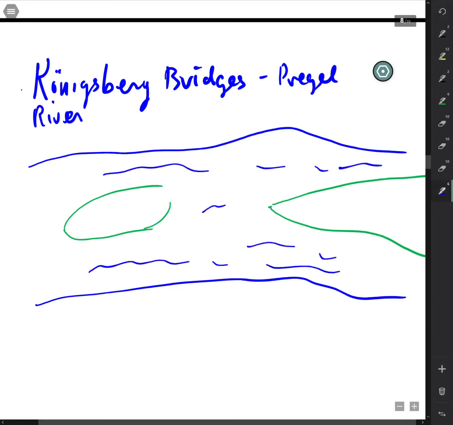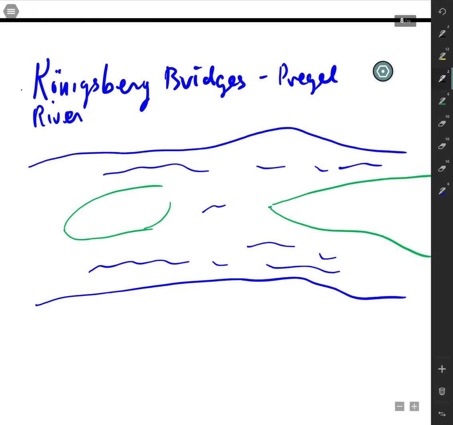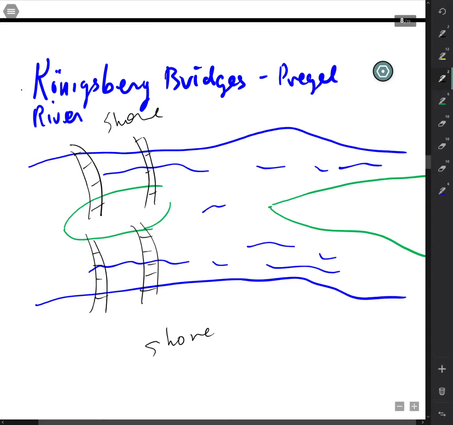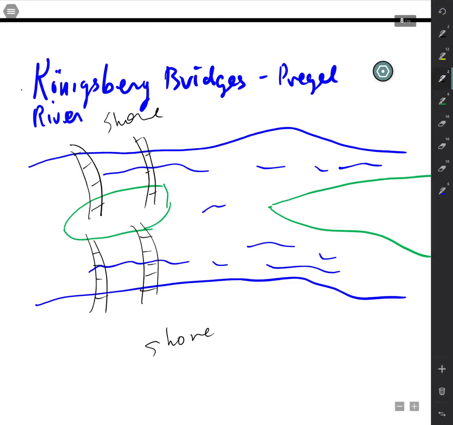And so from the shore, this is shore, and this is shore over here, there were bridges that connected the shore to the island, two from each of the sides here. This is inside the city of Königsberg. If you look online, you can see a depiction of it.